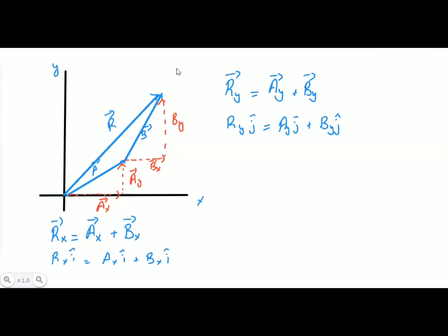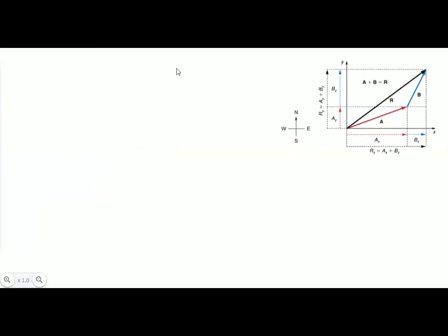And if we want to calculate the magnitude of this resultant vector, what we have to do is use the Pythagoras theorem, since it is going to make a right angle triangle. And how it is going to make a right angle triangle, you can see from this figure. We are going to add the vector AX to the vector BX, so we get the resultant vector RX.